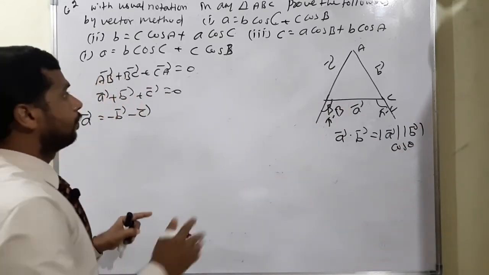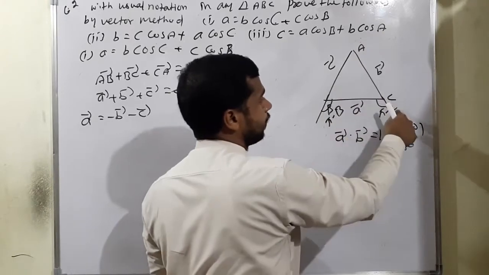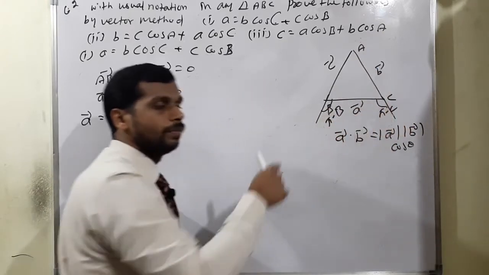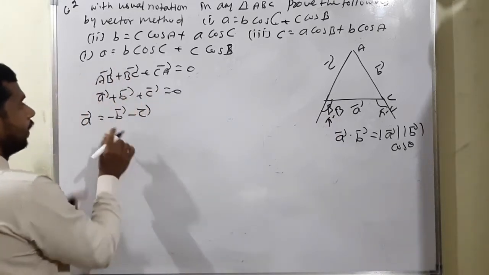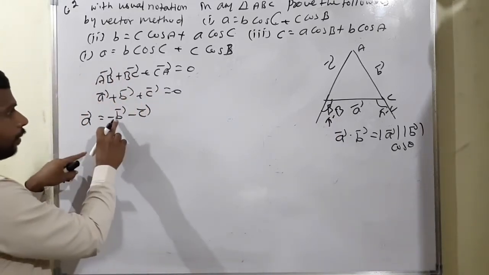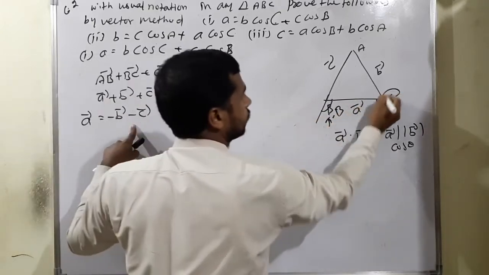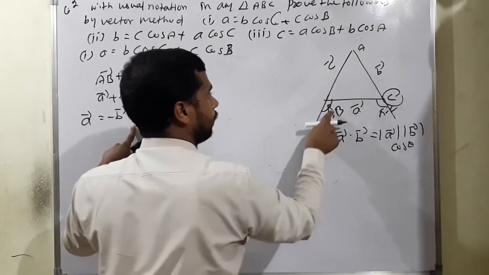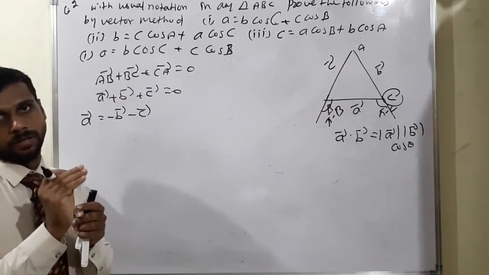Similarly for the other angle, B: opposite side, a vector dot c vector, then only we can apply angle of B. So what we have to add: on the right-hand side, b vector is already there. For angle of C we need a vector dot b vector. Already b vector is there, so what we have to add is just dot a vector.